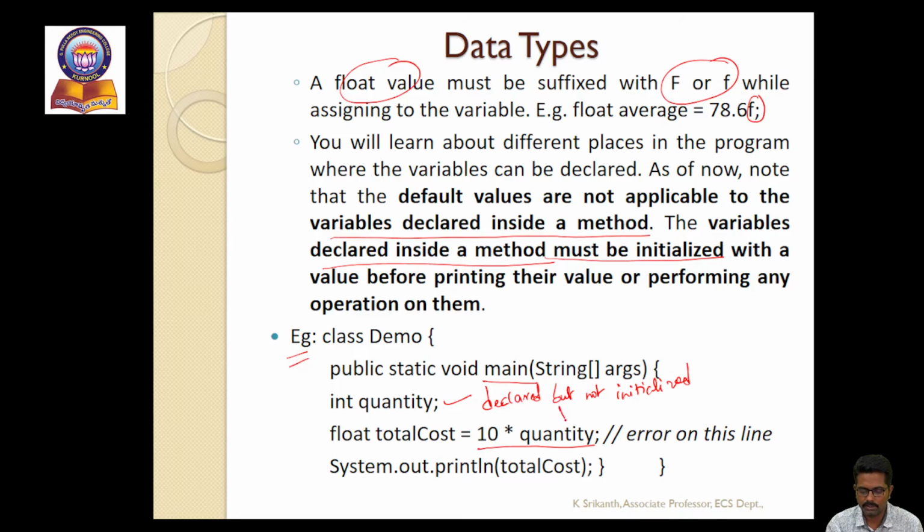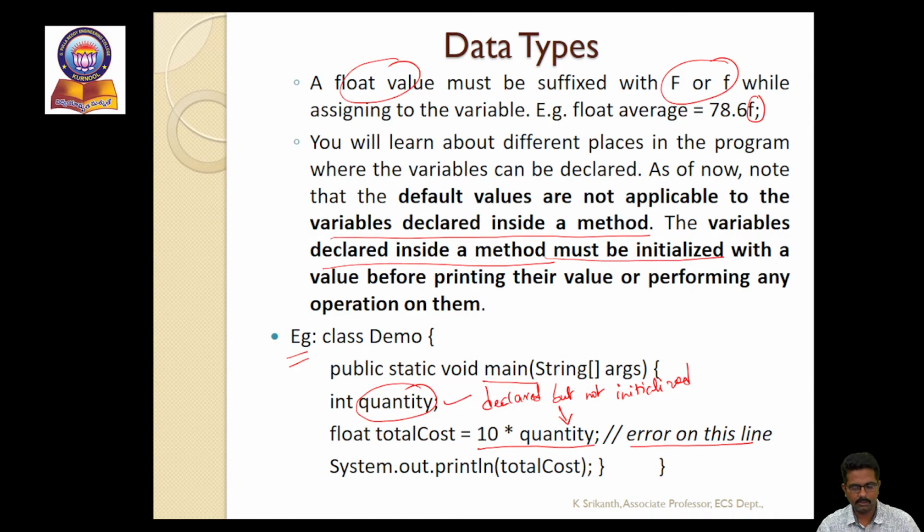We don't know what value is present in quantity, so that's why we get an error in this line. According to the Java inventors, it is mandatory to initialize the local variables of a method, otherwise you will get an error mentioning that the variable is uninitialized.